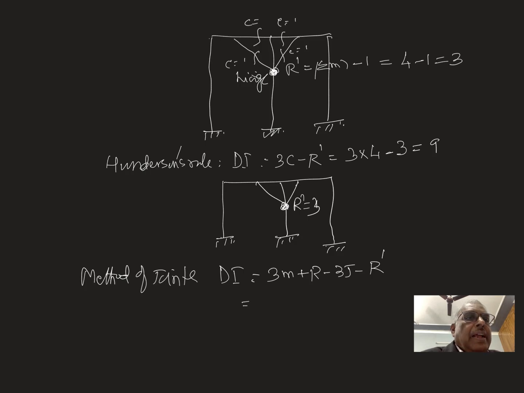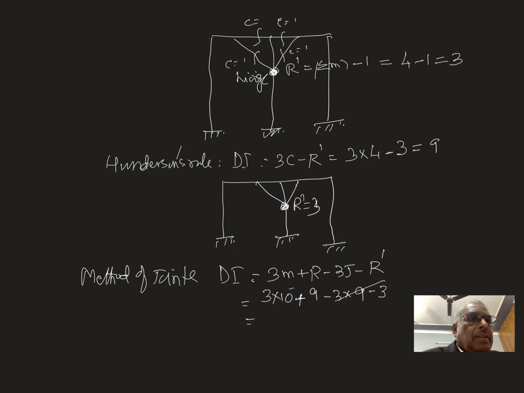There will be 10 members. 3 into 10 is 30. Minus how many joints? 1, 2, 3, 4, 5, 6, 7, 8, 9 joints. Minus 3. So how many?